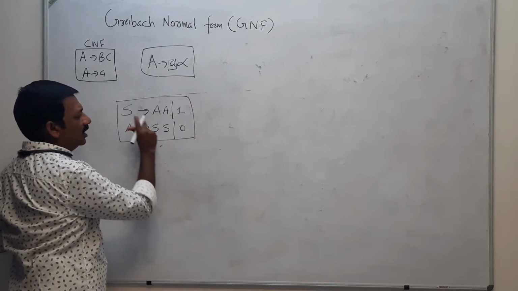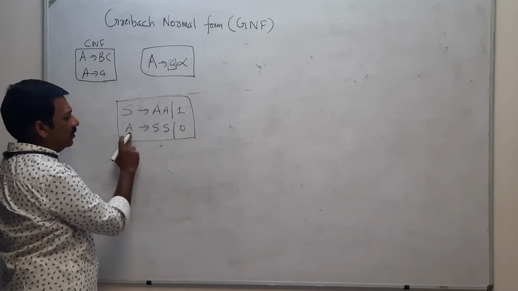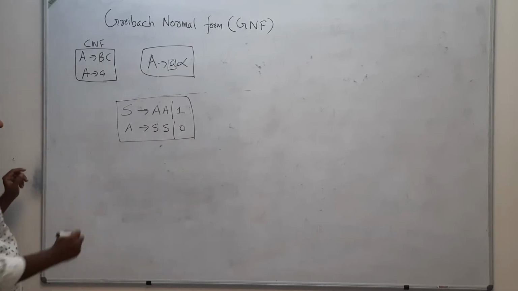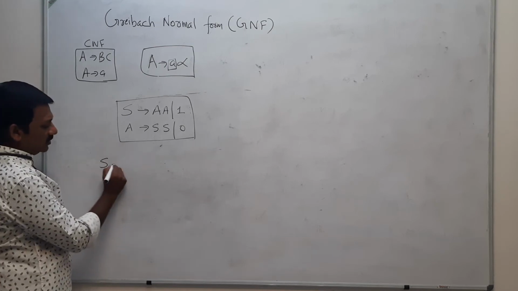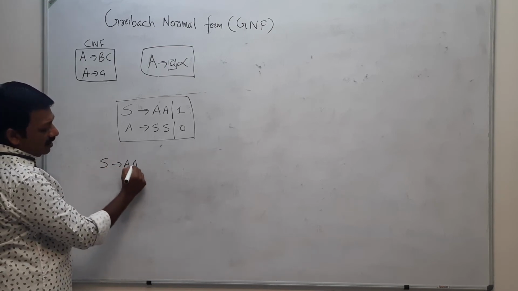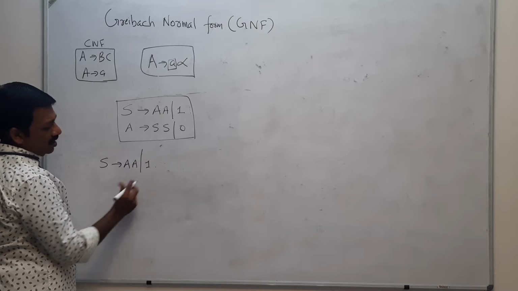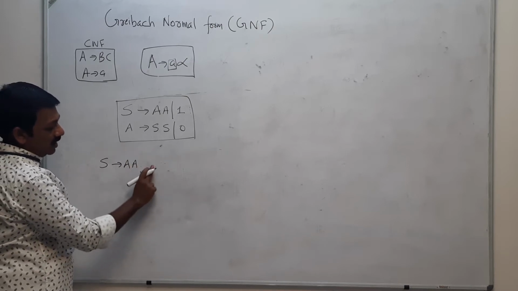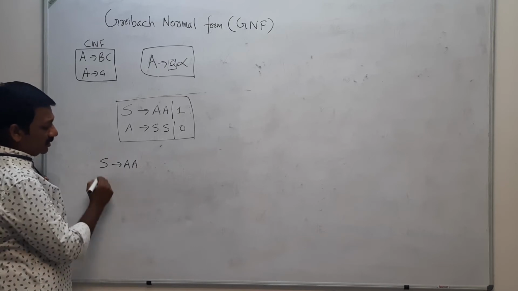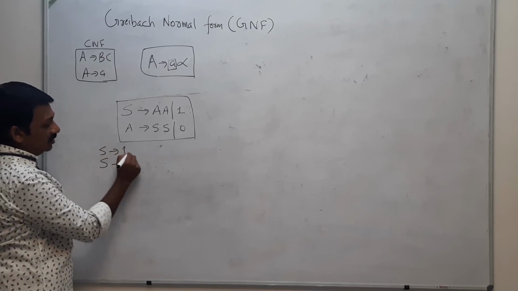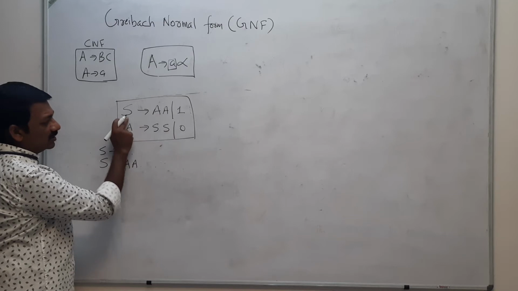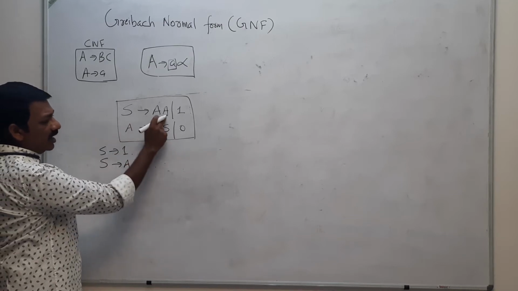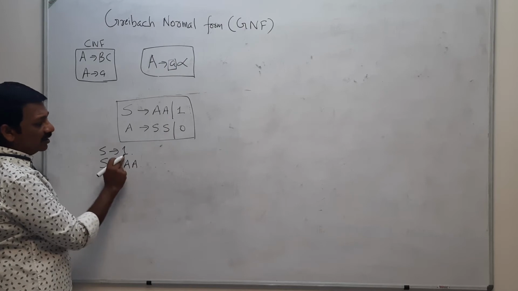See, I am going to have S derives AA or 1, and now S derives A A. You have to take this A, and S derives 1 is already there. Now you have two productions. This is S production and this is A production. S production is having A on the right hand side as well as 1 on the right hand side.